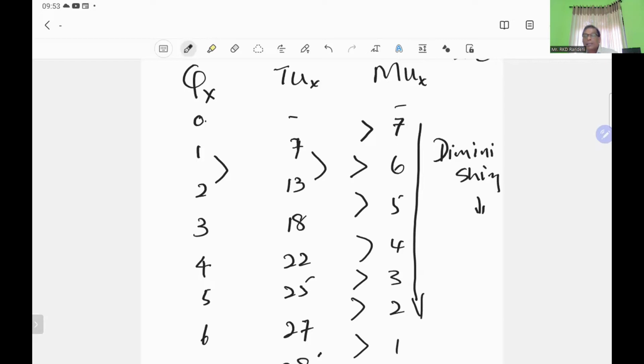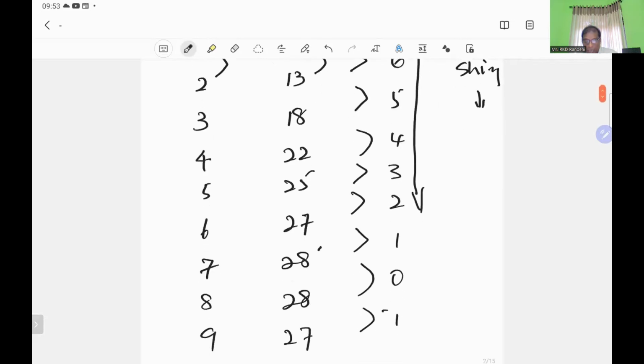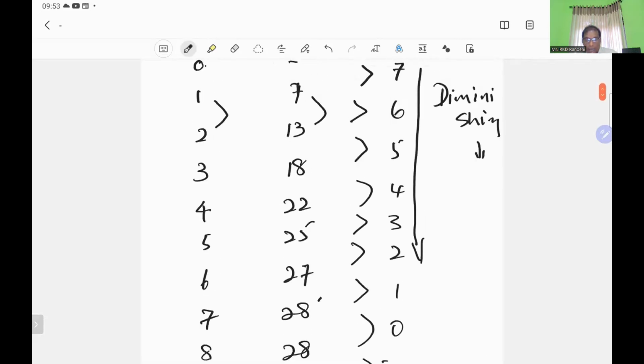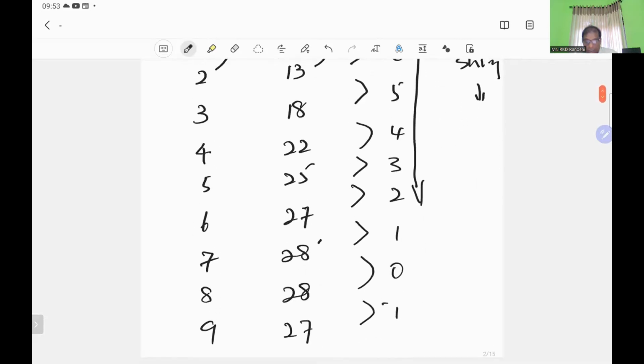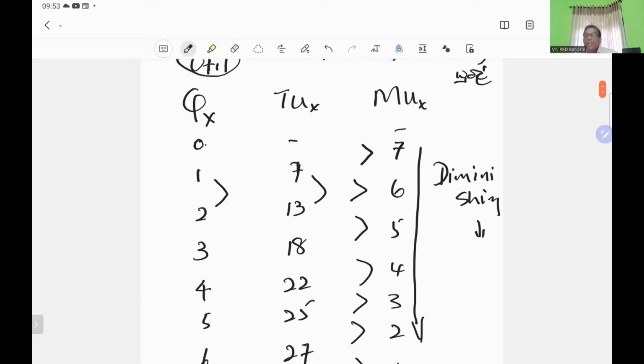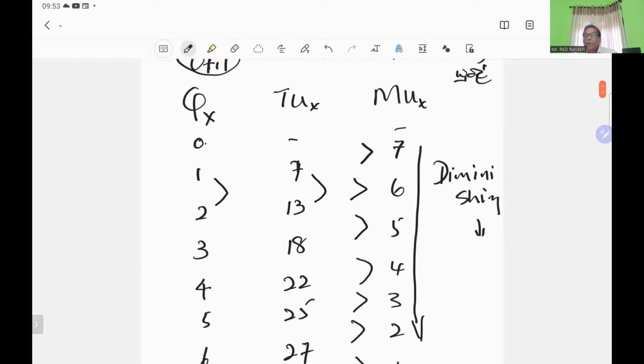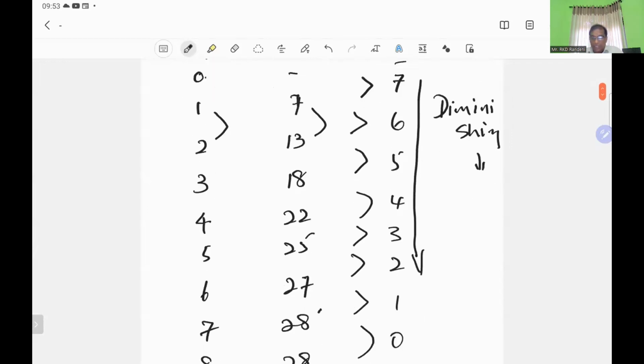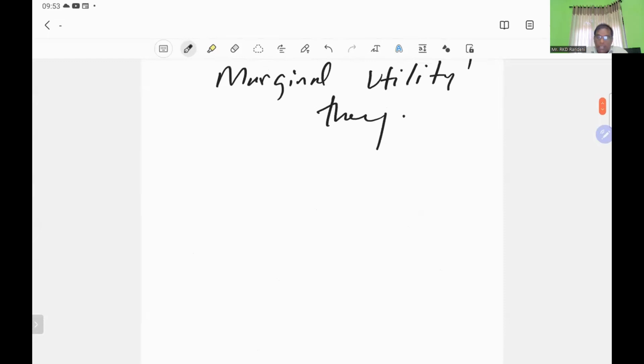There is a relationship: when TU is at its maximum point, that 28, 28, the MU becomes 0. Right? Through the data, you can realize to some extent the relationship between TU and MU. Graphically you can realize well the relationship between these two concepts. Right?